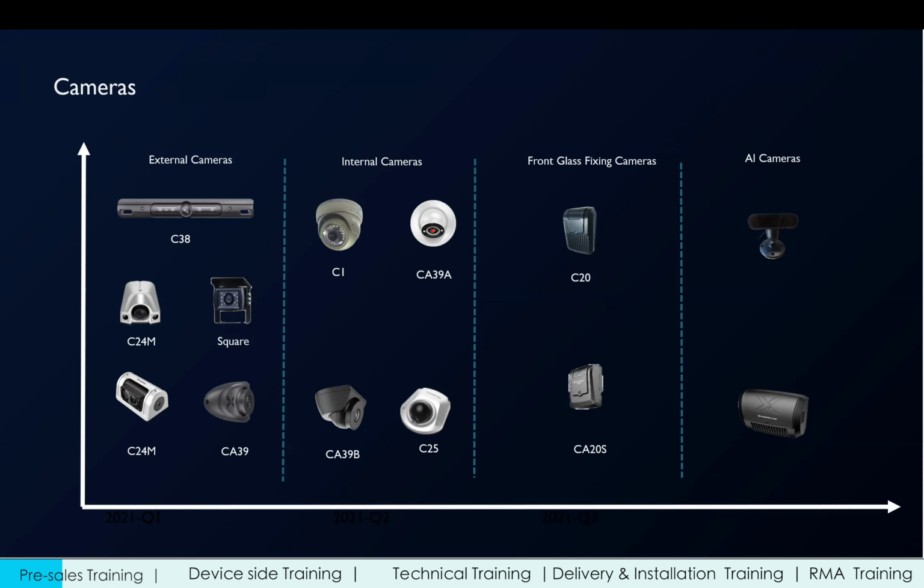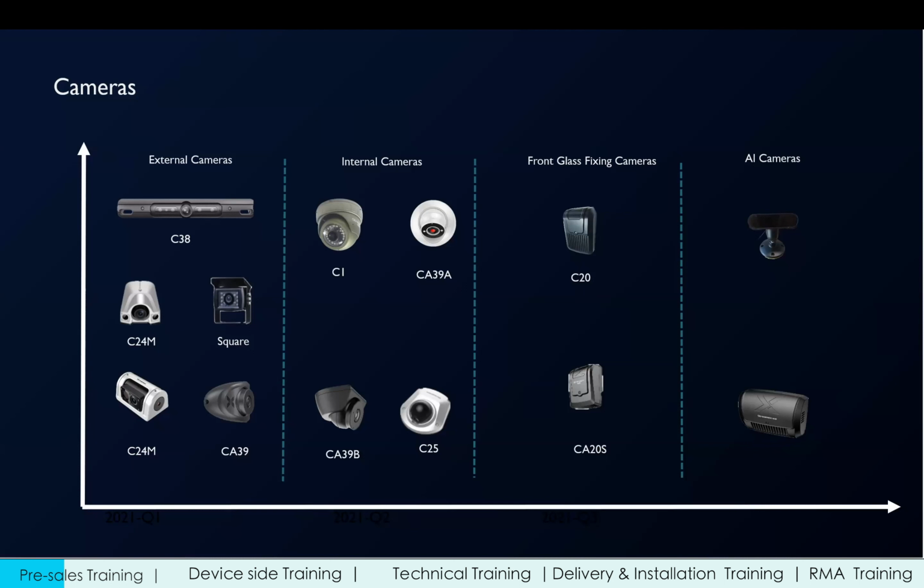The second one is the internal camera. This kind of camera is installed inside the cabin to focus on the situation inside. And then we have the front glass fixing cameras, which means the camera is stuck on the glass, but focused on the road view. And the last one is the different types of intelligent artificial cameras.